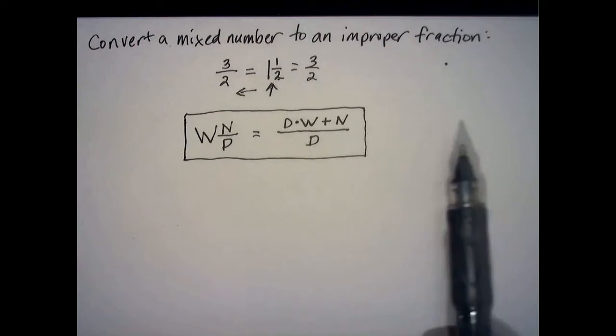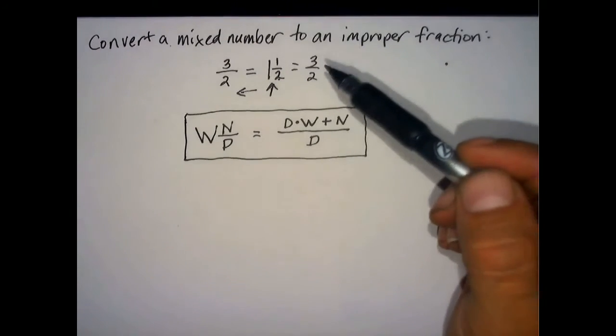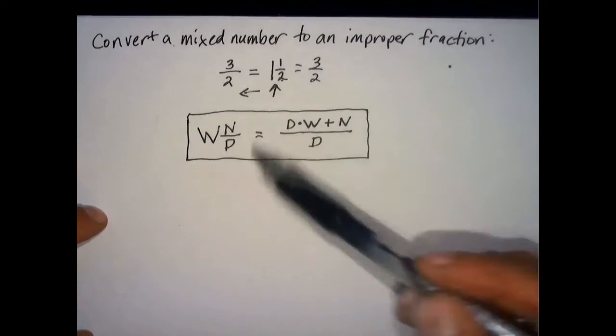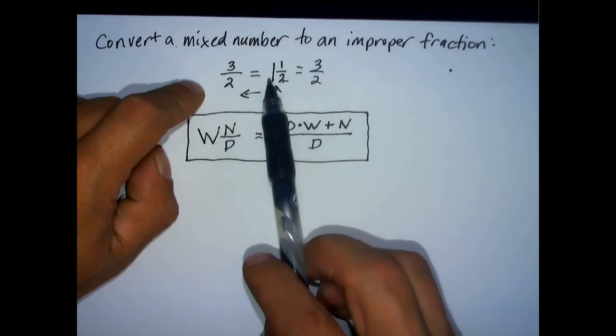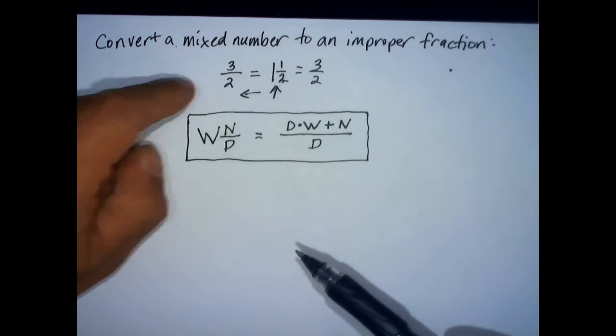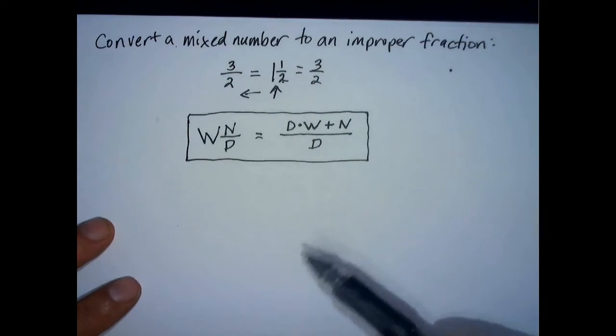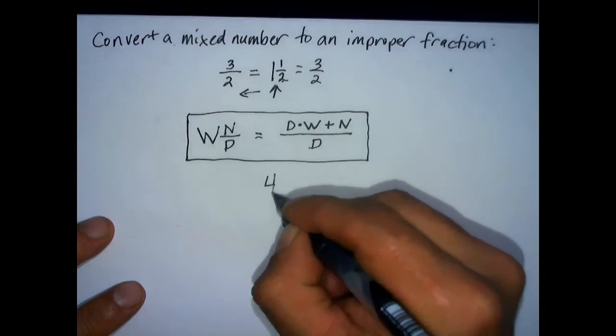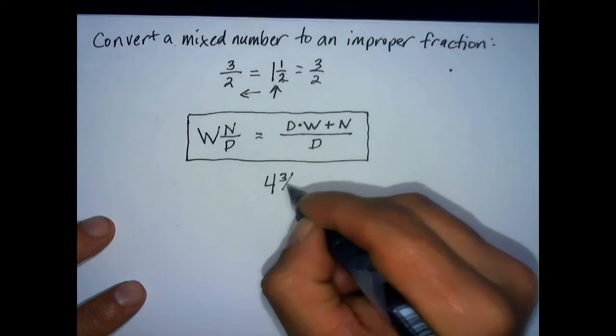Let's look at our example here. If we take the denominator and multiply it by the whole number, we get 2, and 2 plus 1 is 3. Let's do another example. How about 4 and 3/8?